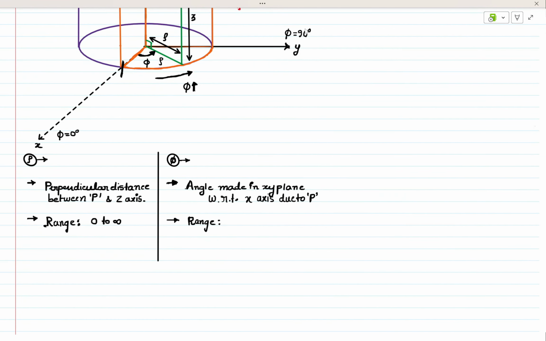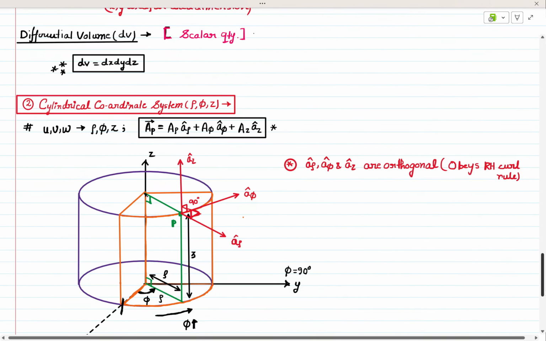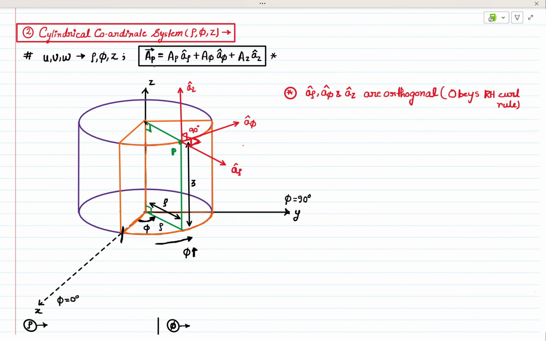That I will write over here, right? That is 0 degree to 2 pi. That is the range of the phi. I think you have understood this. Now I am not considering this orange colored portion. I am considering the total cylinder right now.